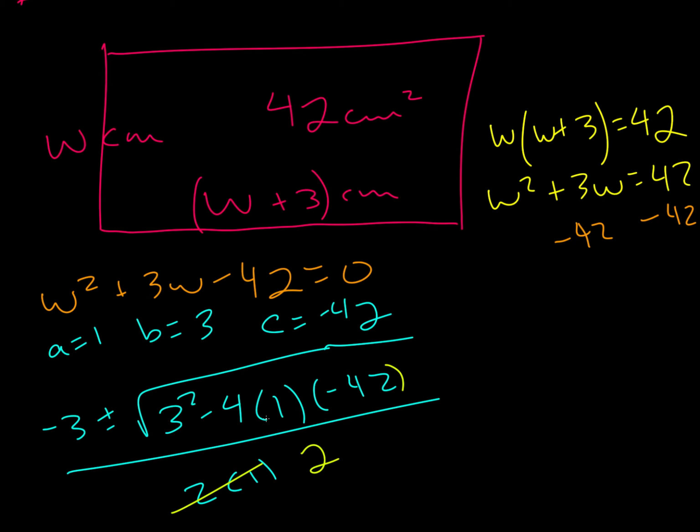Negative 42 times negative 4 is going to be positive 168. And then plus 9 because of the 3 squared. And if we add those, we get 177.